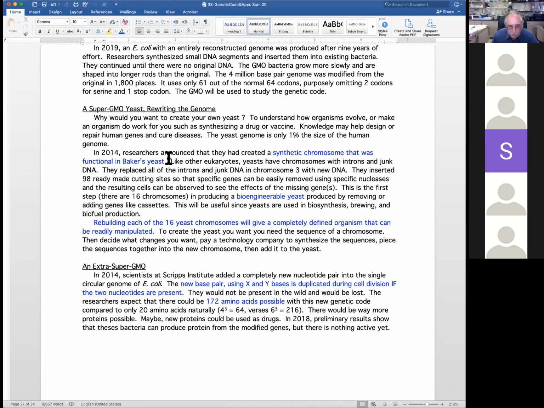So what they want to do is do the rest of the chromosomes, and then they will have a completely bioengineered yeast. And the idea is that they know the exact sequence. They could use CRISPR, for example. Well, let's take out this gene and replace it with another one to get the exact strain of yeast that we want. Pretty interesting.